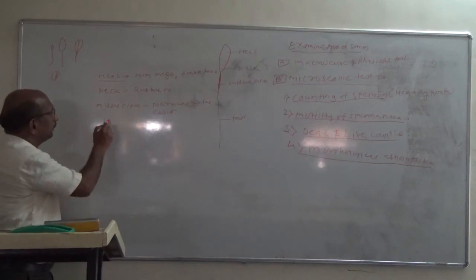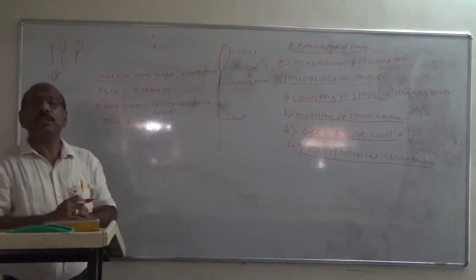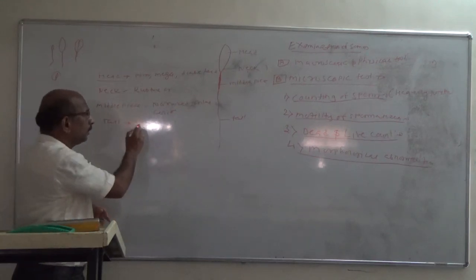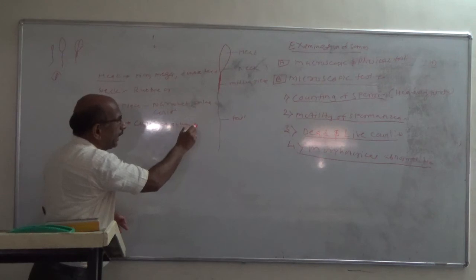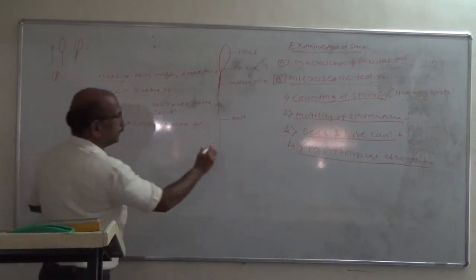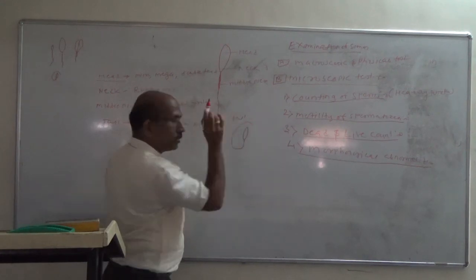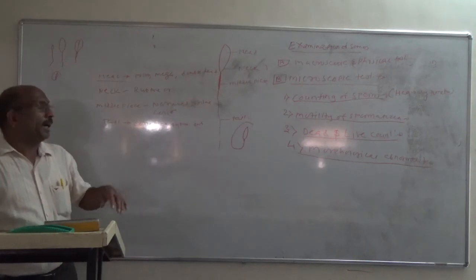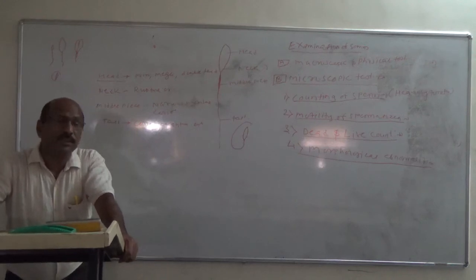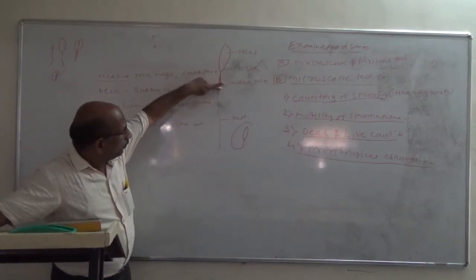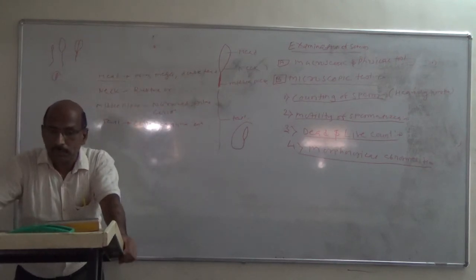And last, it is with regards to the tail. The tails may be coiled at anterior ends, broken at the junction with the midpiece, or looping.